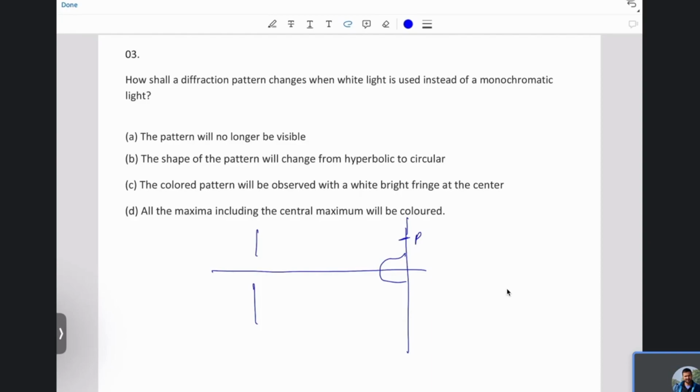Because white light has many colored lights, they will all have different phase differences for this point, and so you will not observe a single minima or maxima here. You will observe different colors of maxima and minima, and they will all overlap and give you a colored pattern, right?